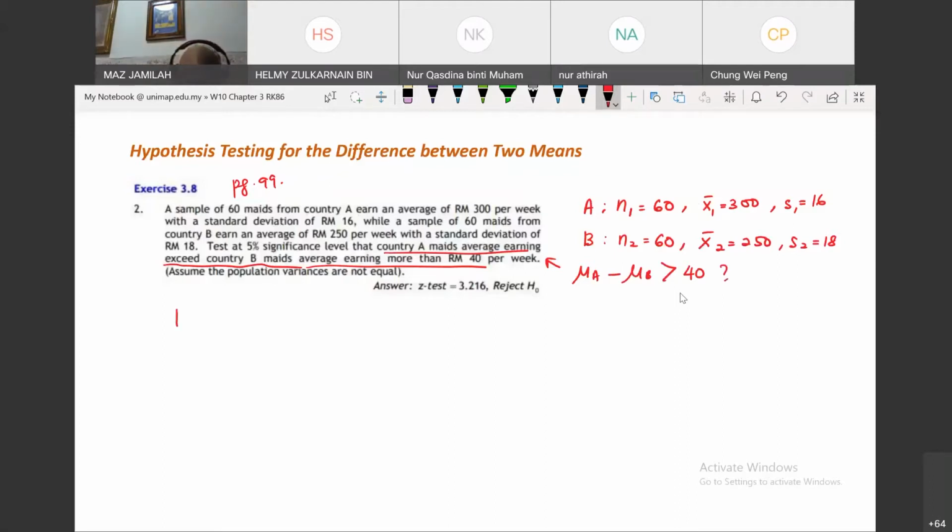Let's begin with the solution. First step, the statement. The statement will always be mu1 minus mu2. In this case, since the hypothesized value is 40, you have 40 here. The alternative would be mu1 minus mu2 is greater than 40.